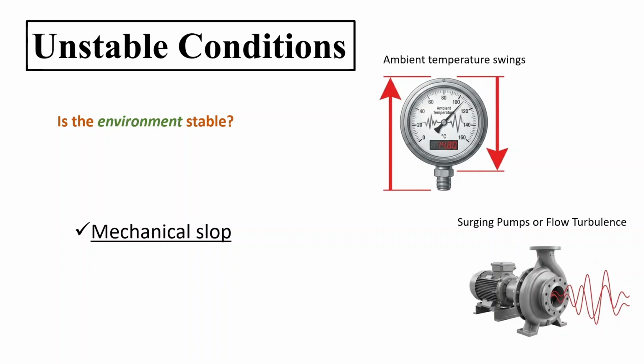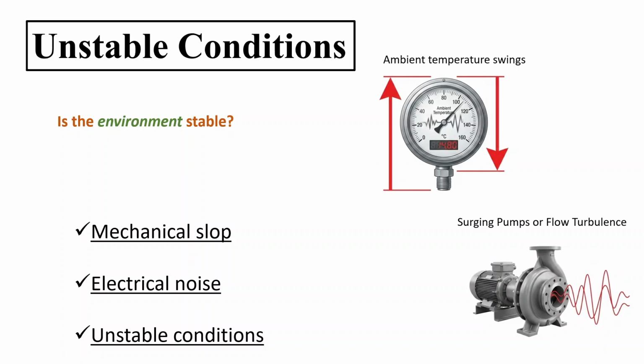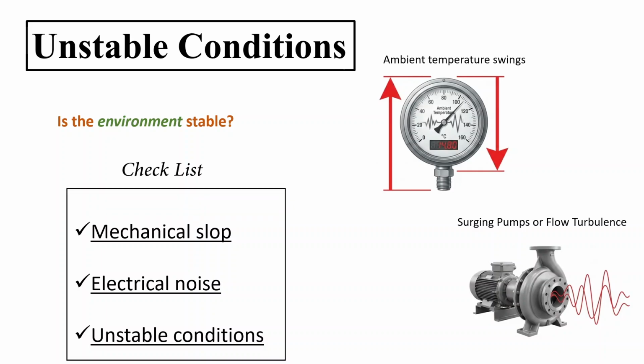Before you blame the instrument, always ask, is the environment stable? Is the process actually steady? These 3, mechanical slop, electrical noise, and unstable conditions, are your diagnostic checklist whenever you are chasing a repeatability problem in the field.